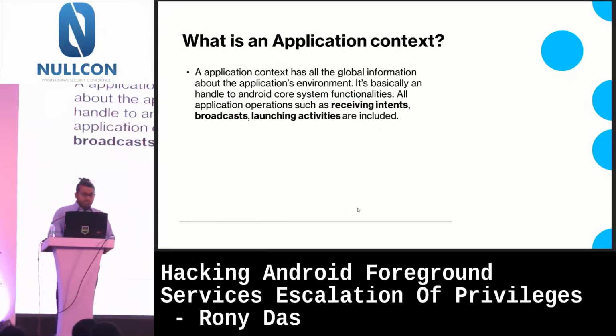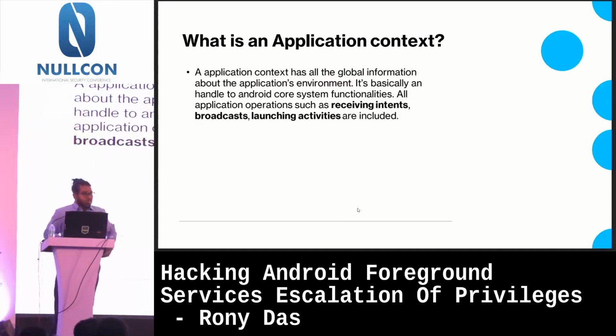So before we jump into the exploit, we'll talk about a little touch of the Android internals. What is an application context? An application context has all the global information available. Every application has activities, and every activity has its own context. There could be multiple activities in a particular application, and every activity has its own context.